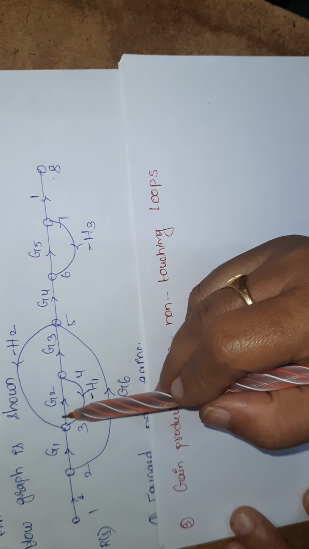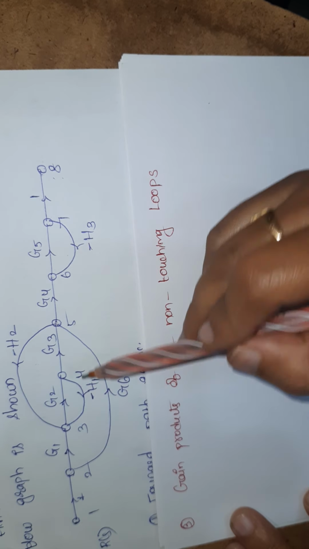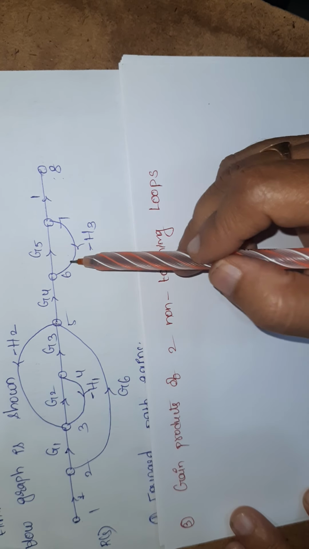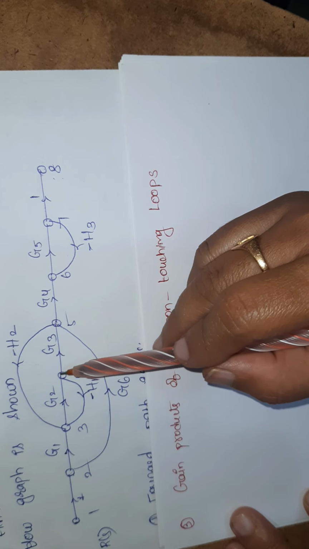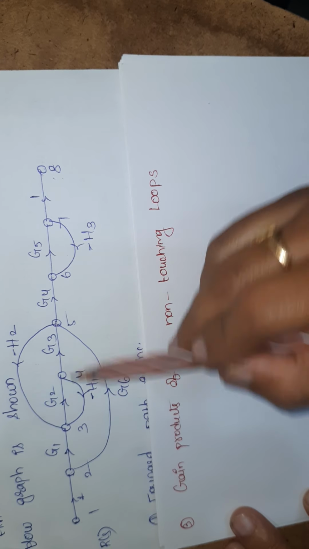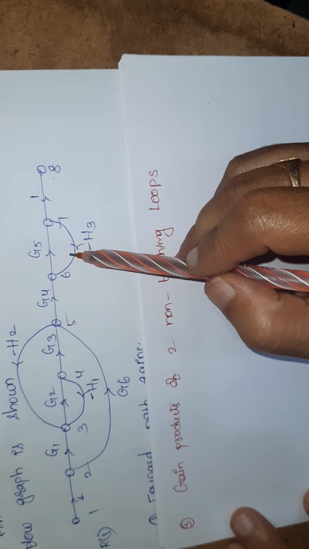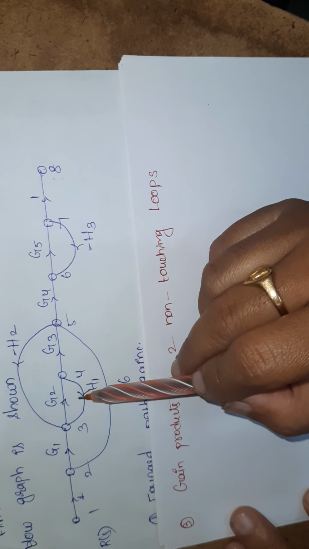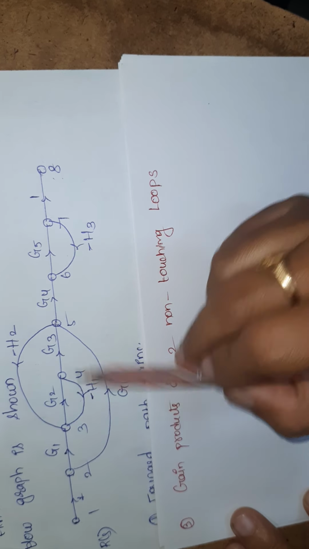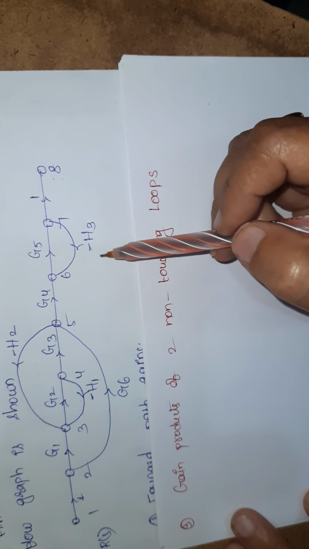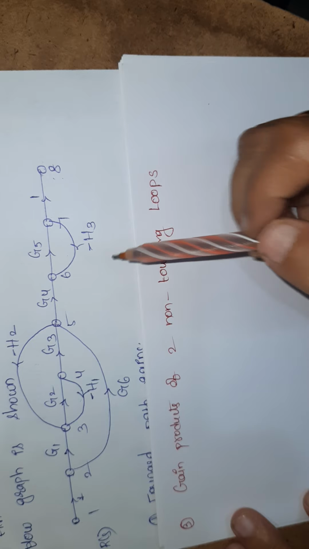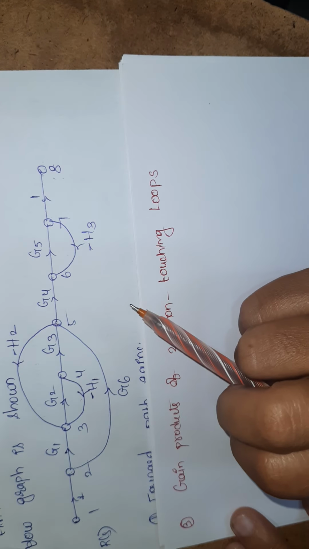This is a loop I have and this is a loop I have. These are two loops which are not touching. Touching means that these two should have the same node. We do not have that type of touching loops. These are non-touching loops. And if I consider this one and this one, these two are also non-touching loops. So totally I have two pairs of non-touching loops.